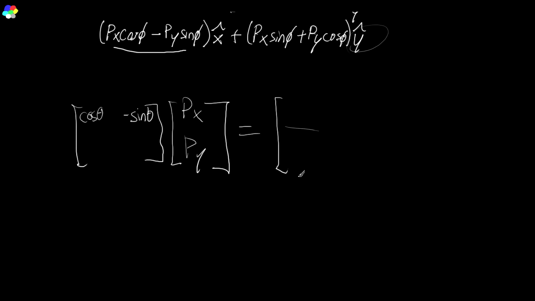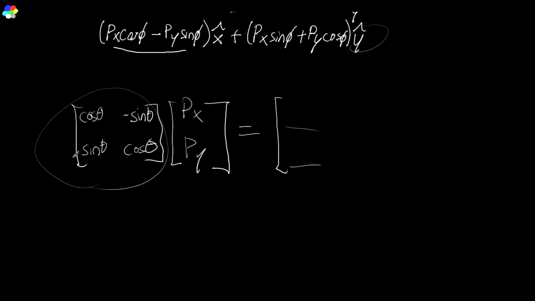And y is going to be Px times sine theta. So that's sine theta, Px times sine theta will be here, plus Py times cos theta. Cos theta. And there you go. This is the rotation matrix. That's how it's derived. That's how it's encoded. That's how all the good stuff is done.